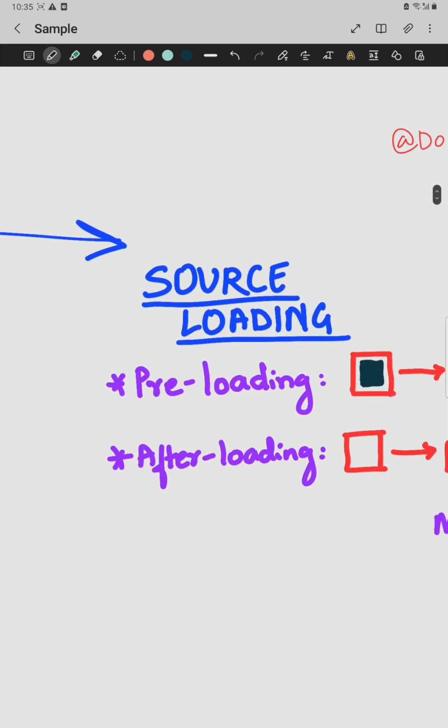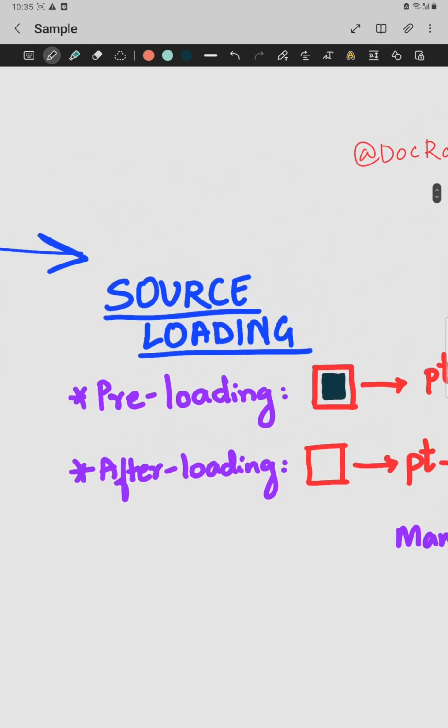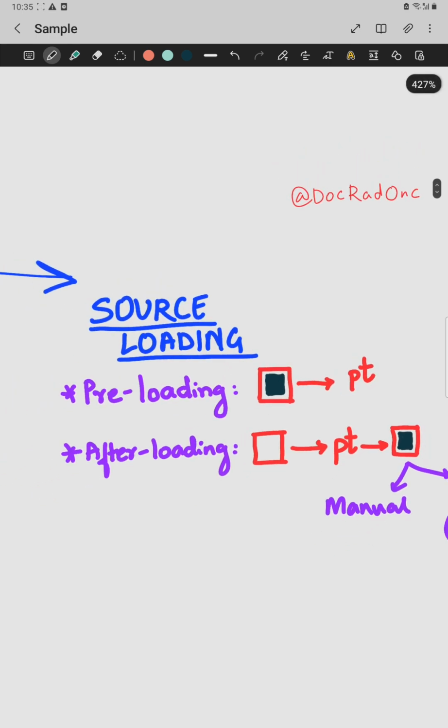Next is based on source loading, whether it's preloading or afterloading. What does preloading mean? If this is the applicator, then this is the source. Before applying to the patient, the applicator and the source are all ready, and then you place it in the patient.